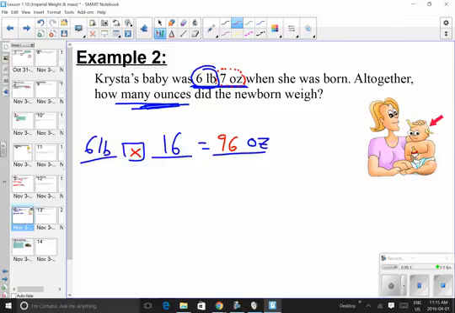But remember, she wasn't just 6 pounds. She was 6 pounds and 7 ounces. So her total mass or total weight would be, well, there's the 96 ounces plus the leftover 7. That's going to give me 103 ounces. Cool.